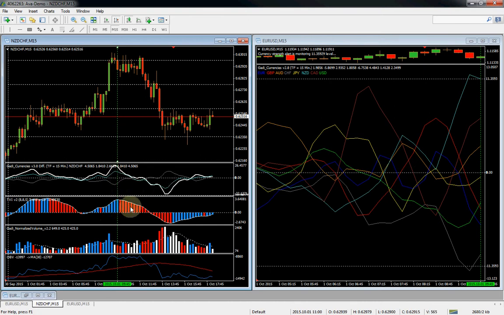So what I wanted to do was really have a look at the indicators and see what's going on. The first thing I was looking for, see if there was any divergence here. There doesn't appear to be any, not that I can spot. At this point here, nothing really is right. But one thing I did notice, obviously it's very easy to look to the right in the future, but there's a bit of a killing zone here, isn't there?